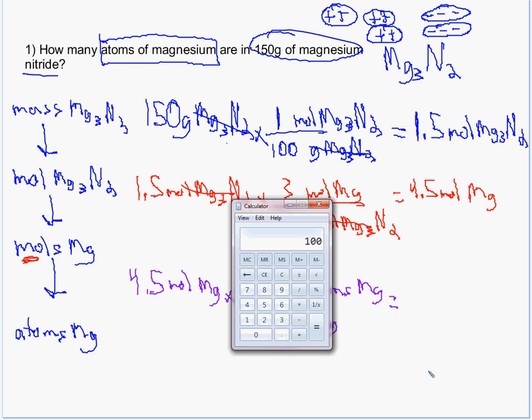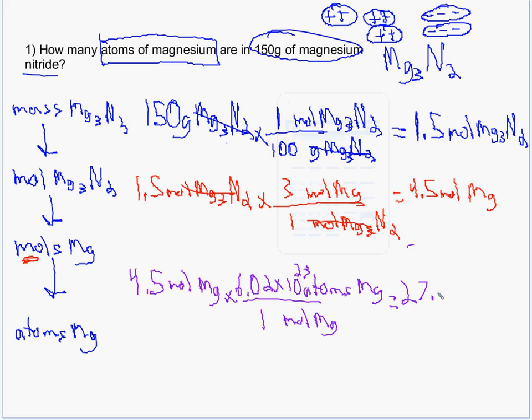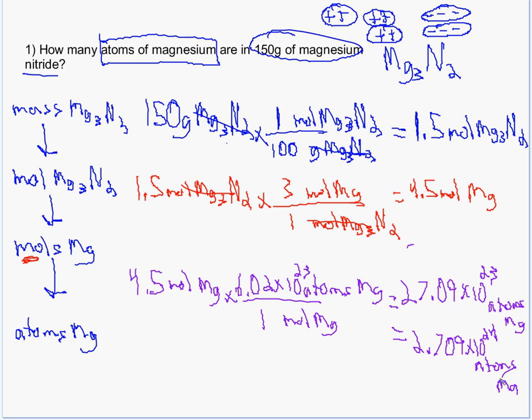You should be able to do this multiplication the long way, but for the sake of the video and time, 4.5 times 6.02 is 27.09 times 10 to the 23rd, which is the same as 2.709 times 10 to the 24th atoms of Mg.